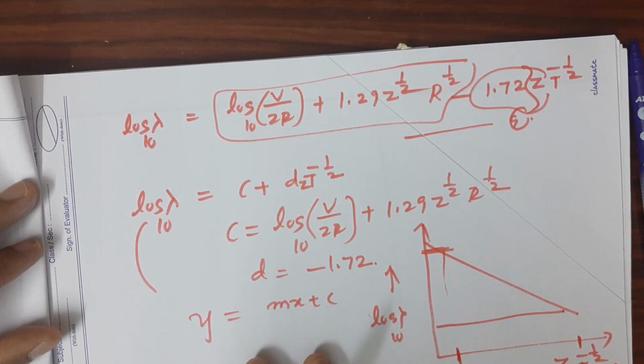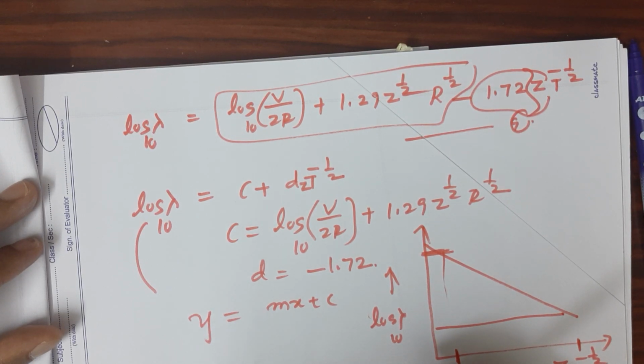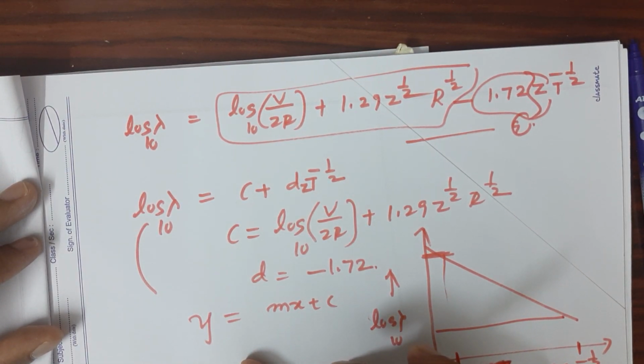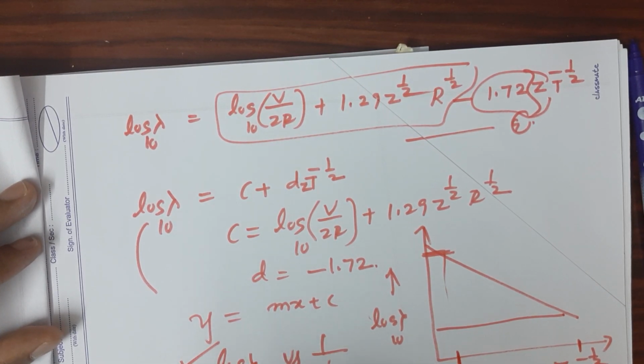Therefore, Gamow's theory explained qualitatively the essential feature of alpha decay, but the main drawback of this theory is the assumption of free existence of the alpha particle in the parent nucleus. It is not likely to be correct. So the comments about Gamow's theory are: number one, the graph between log lambda versus 1 by V alpha is a straight line, which is in good agreement with the experimental result.